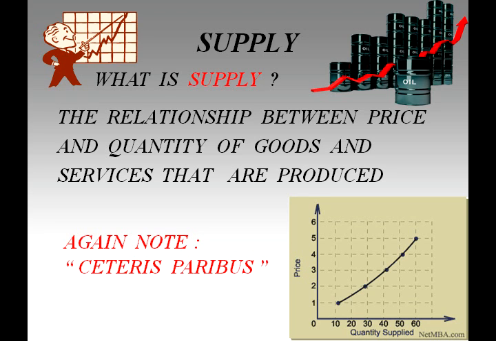So we invoke the economic concept of ceteris paribus, meaning that when we look at supply to a market, we hold all other things that can affect supply off and just look at the price change. We'll get to the other things that can have an effect on supply to a market a little bit later on, but right now we're looking fundamentally at price.